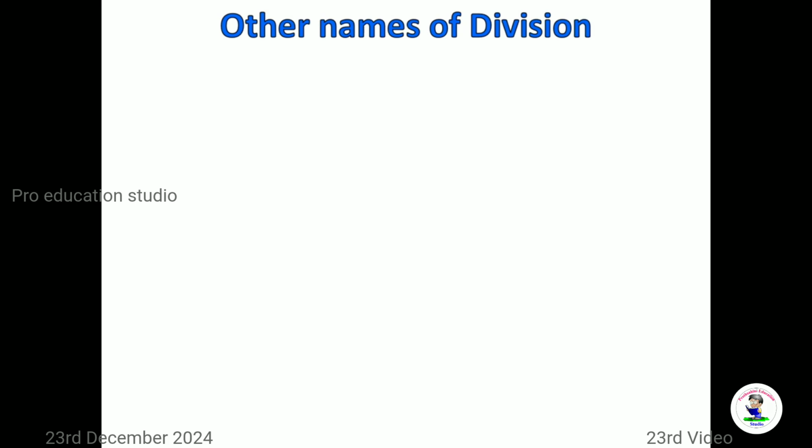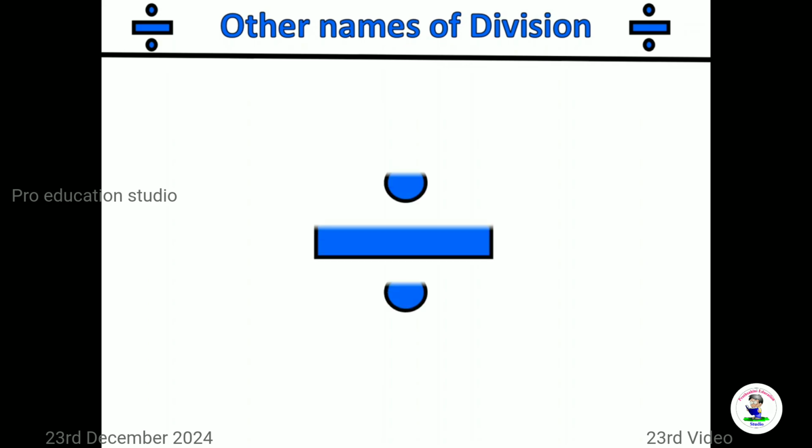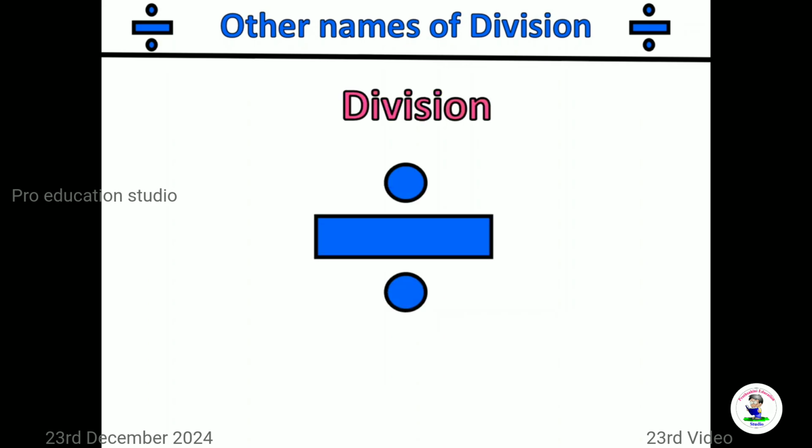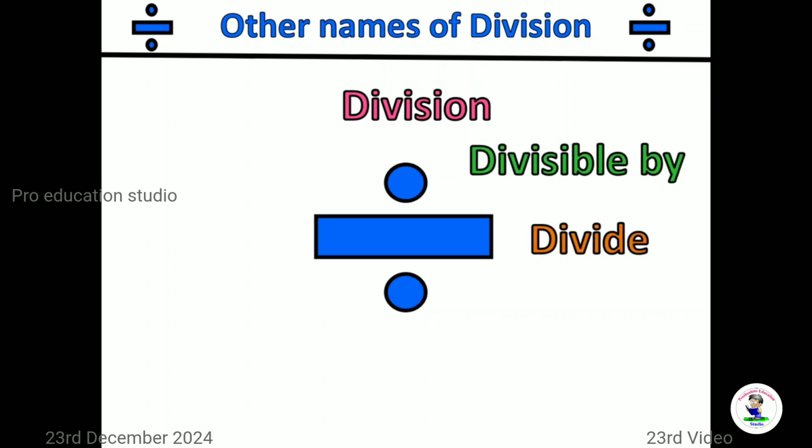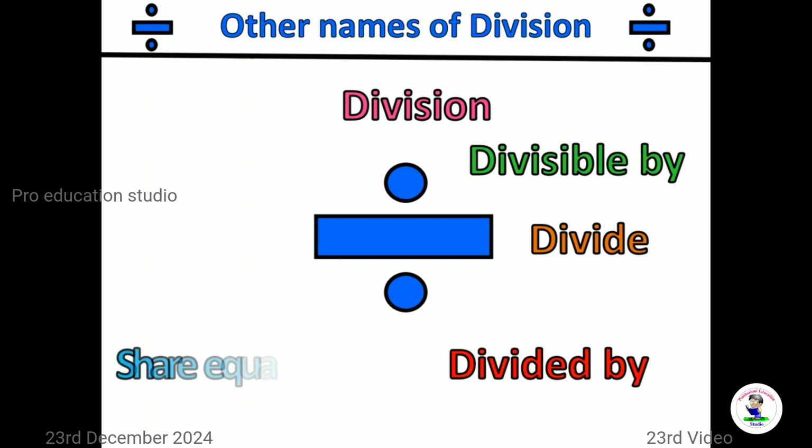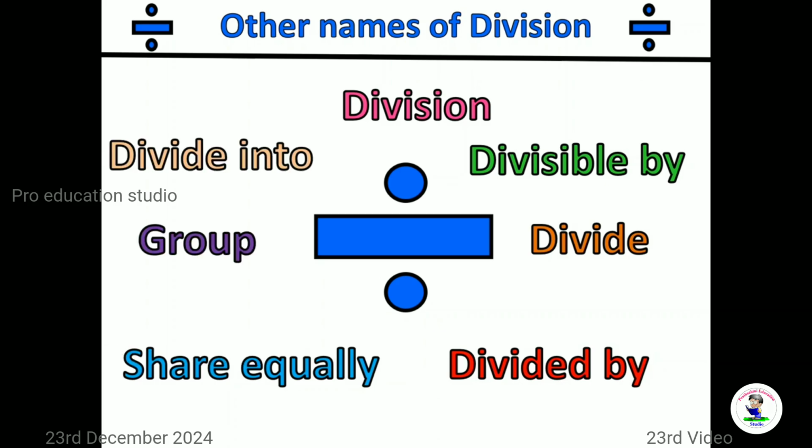Now, other names of division. We will see it. Now you can see here the division symbol. Now we can call it division, divisible by, divided by, share equally, group, and divided into.